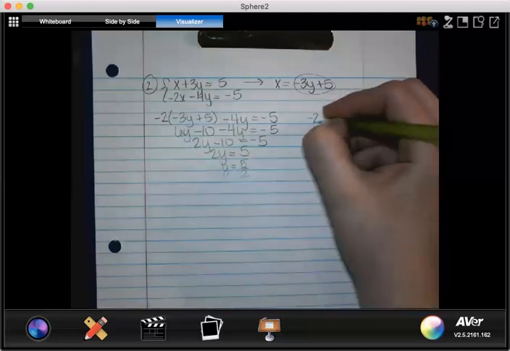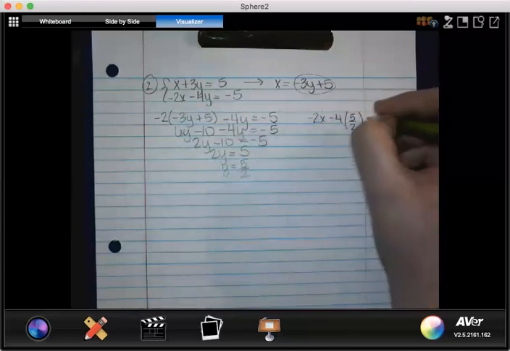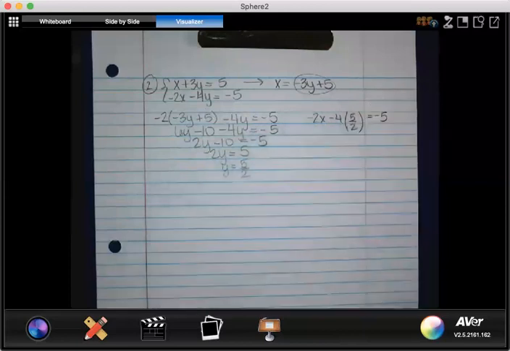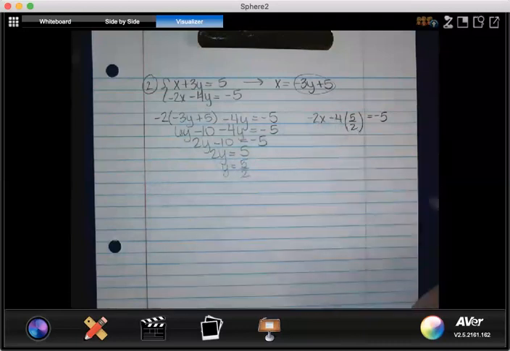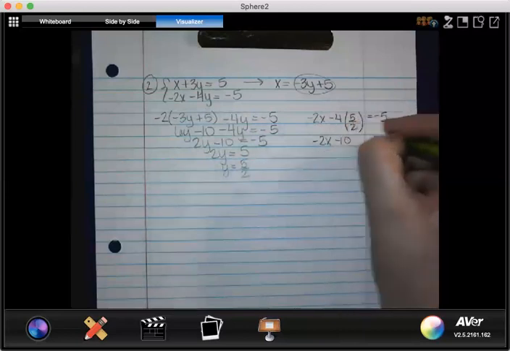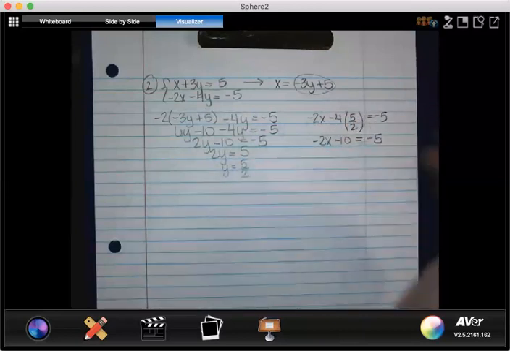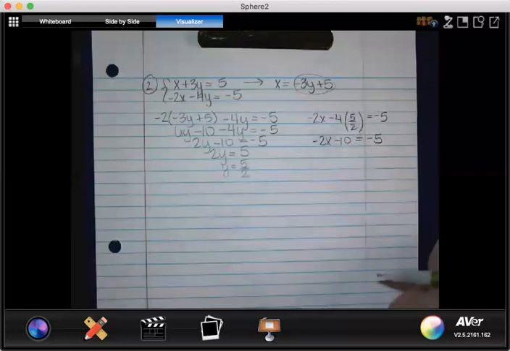So -2x minus 4 times 5/2 equals -5. -4 divided by 2 is -2 times 5 is -10. And another way to think about that is -4 times 5, which is -20 divided by 2.